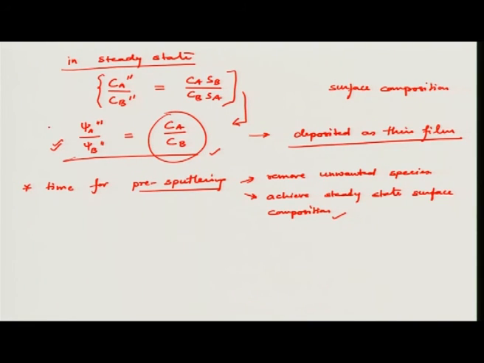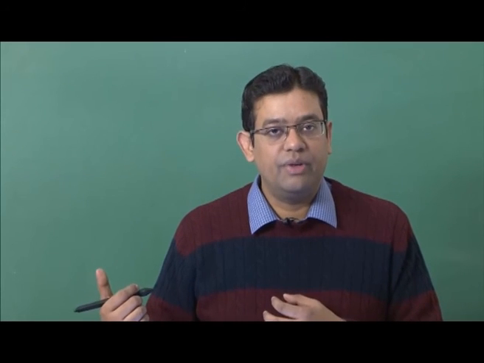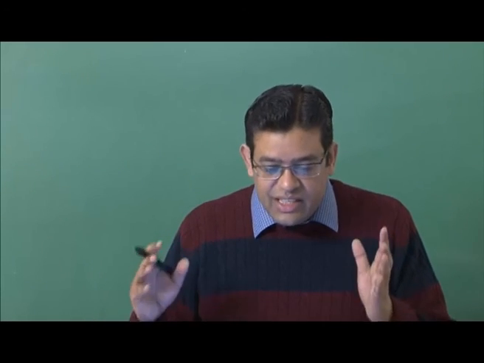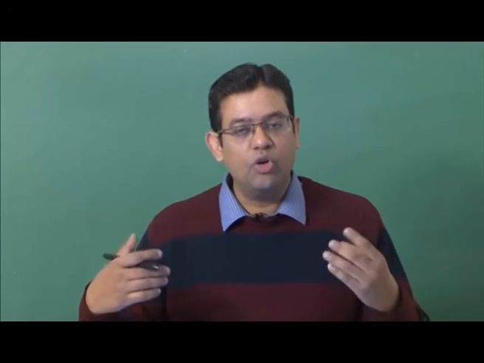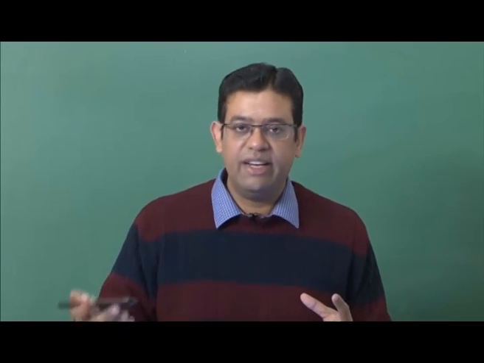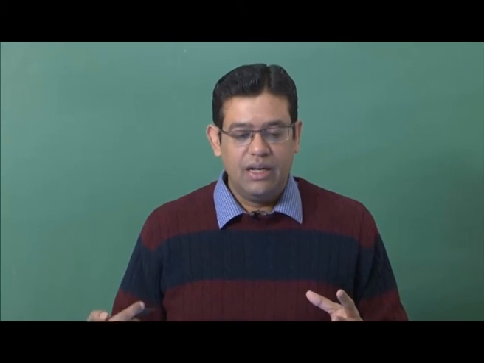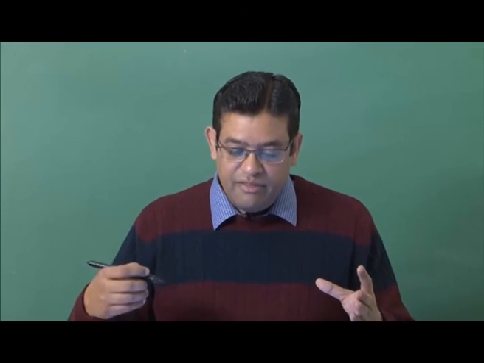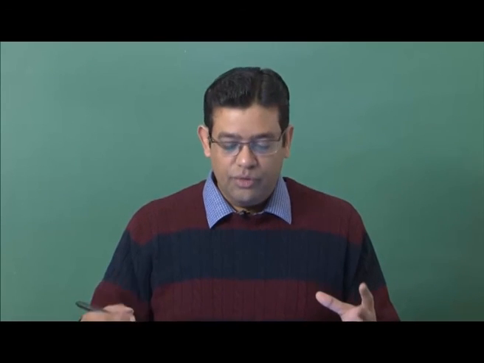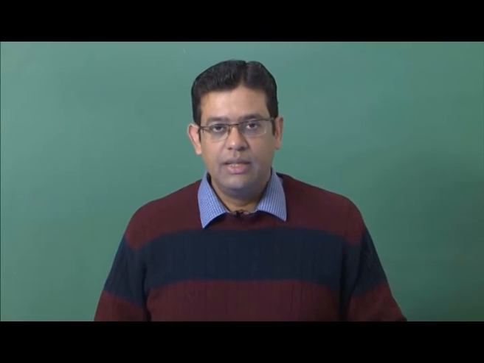In this way, this is a superior technique compared to thermal evaporation. We will see more benefits or advantages of the sputtering process over thermal evaporation in the coming lectures, and various ways of doing the sputtering process. Okay, thank you very much.